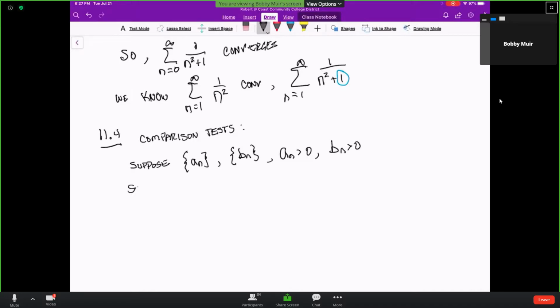And I have the two series, the sum of the a sub n's and the sum of the b sub n's. Now it's assumed that this sum is going off to infinity. It's an infinite sum. The starting point, like I said, is not really relevant, only if you were trying to find what it adds up to. But most of the time, we're not going to be concerned with that.